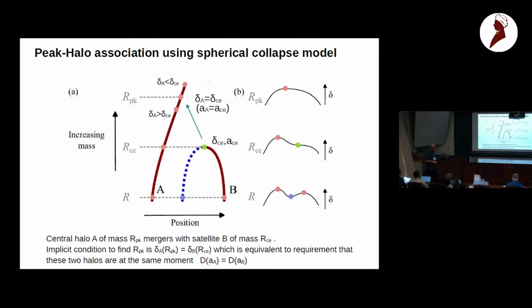The merger is complete when the overdensity at the moment of the disappearance of a satellite is equal to the overdensity in a surviving peak. So those lines where deltas here and deltas here at the different smoothing scales are equal are 2 points of the same time. I couldn't draw the line of equal time because it's only defined on the trajectories.